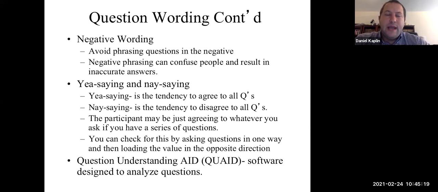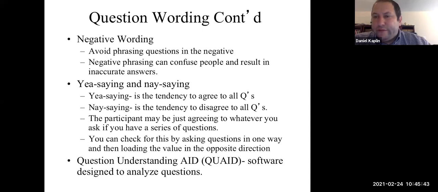All right. Now, you know how I said that social desirability was a problem in responding? We also have an issue with yay saying and nay saying, which are how you might answer the question. So yay saying is just to agree, yes, yes, yes, or true, true, true, strongly agree, strongly agree, all the way down the questionnaire.